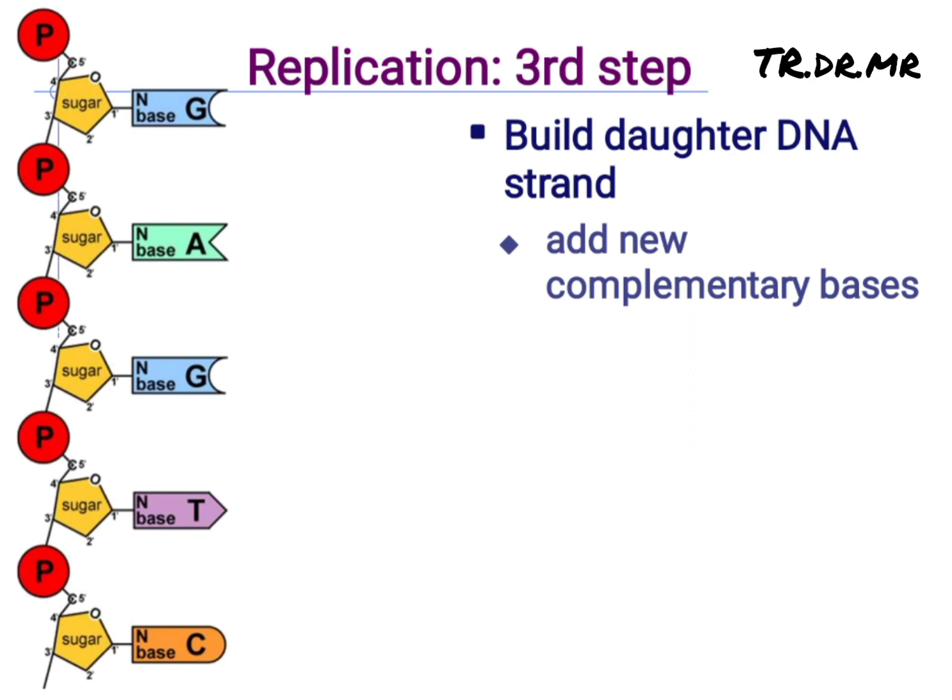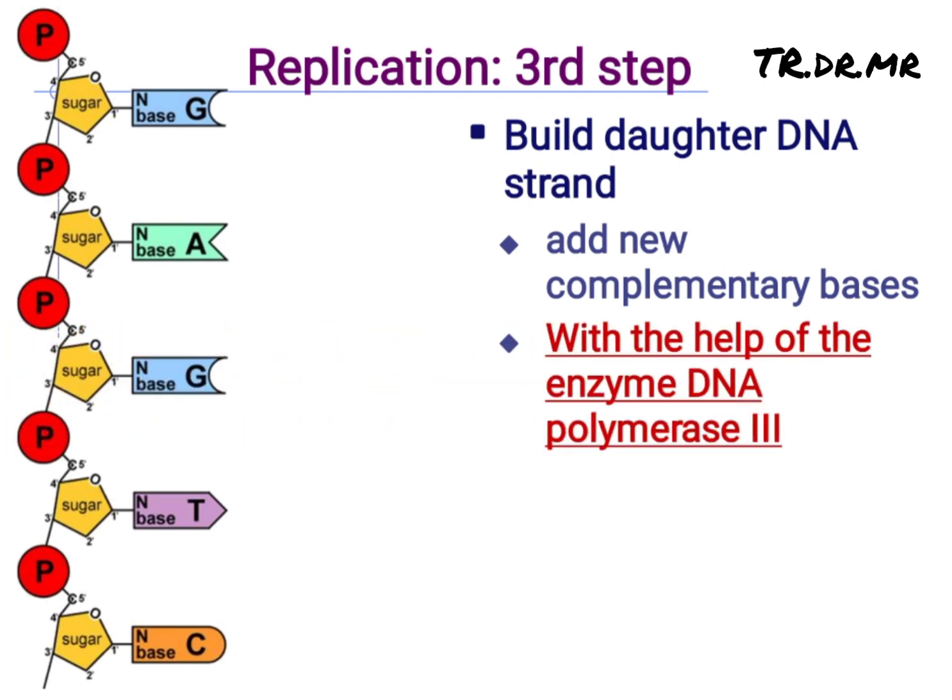Then we use the base pairing rule to add the different nucleotides, and this is done by DNA polymerase 3. DNA polymerase 3 is the one that does the job of adding new complementary bases onto the 3' end of the nucleotides. So it is building.